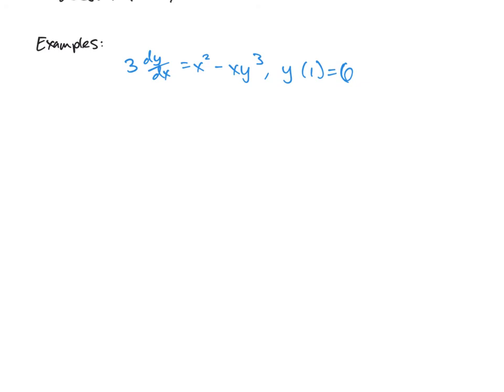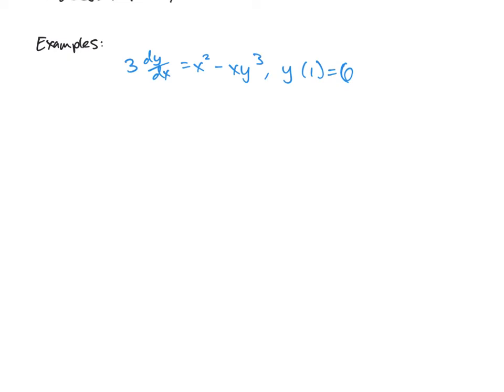So here's an example. Here's an ODE, and we want to know if this theorem is telling us anything. Does this satisfy the conditions of the theorem? In order to make this look like the statement of the theorem, we want to get dy dx, our highest order derivative, over on the left-hand side by itself.